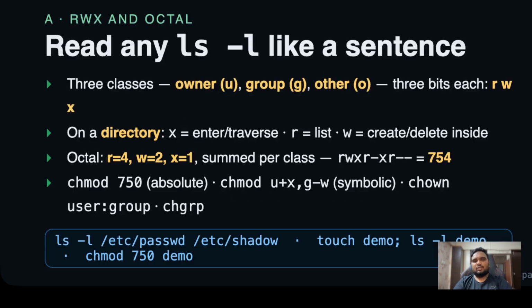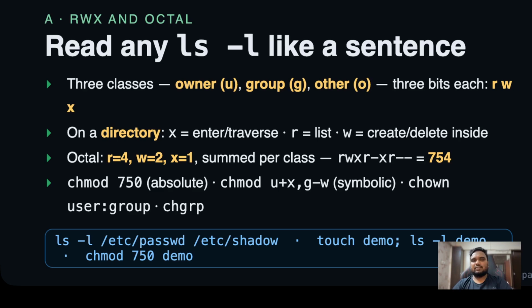Now let's move on. So here's what we are going to learn for the whole day. Every file and every directory has permissions for exactly 3 classes of people. The first one is owner, often written u for user. Second is the group, written g, and everyone else, written o for others.